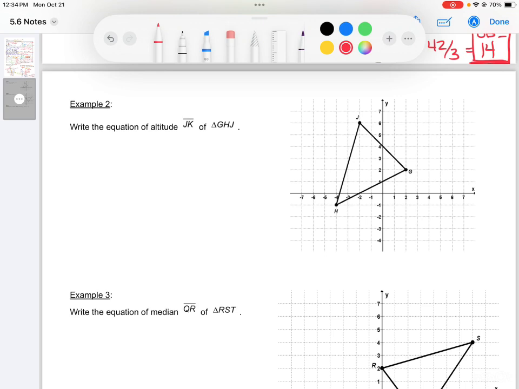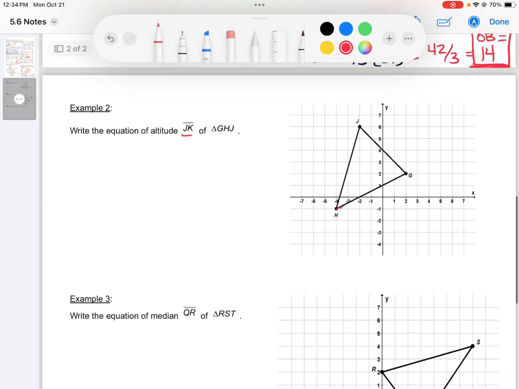So if I look down here, it's looking for the altitude of JK. K is just going to be the point on this line where that 90-degree angle occurs.